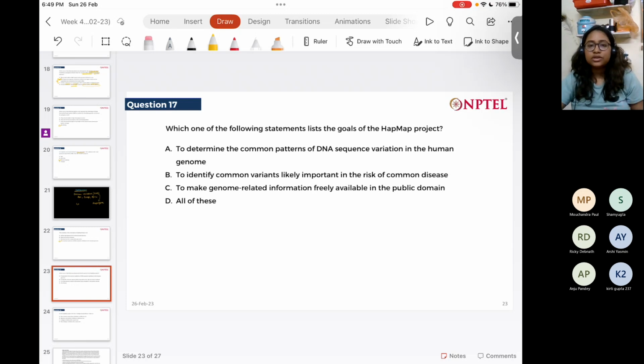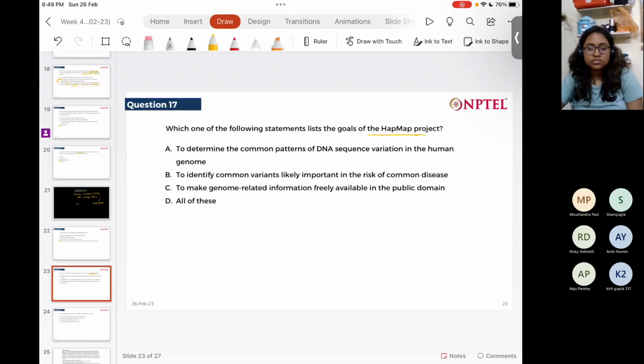Now, which one of the following statements lists the goals? This is again a similar question. List the goals of the HapMap project. First, to determine the common patterns of DNA sequence variations in the human genome; to identify common variants likely to be important in the risk of common diseases like lifestyle diseases, etc.; then to make genome related information freely available in the public domain; and all of these.